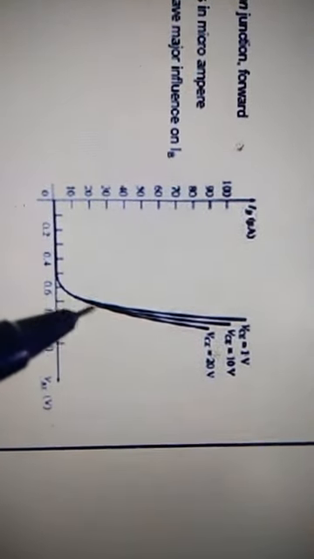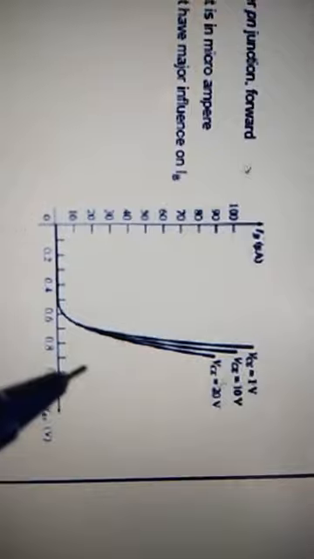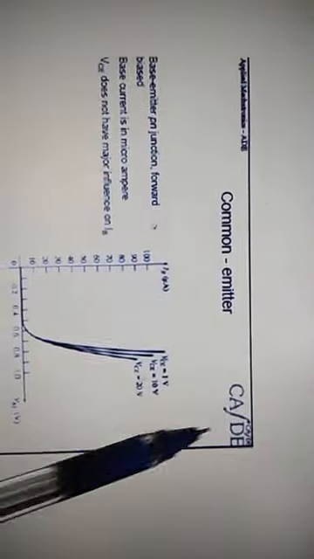It is base current in terms of microampere. So you will get these characteristics. This is called the input characteristics of common emitter amplifier, from which you can determine the input resistance of the transistor. And this is the characteristics taken from the data sheet.